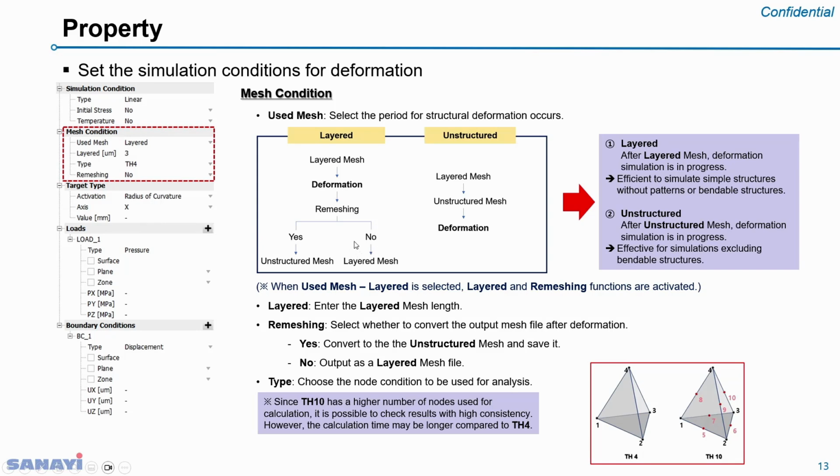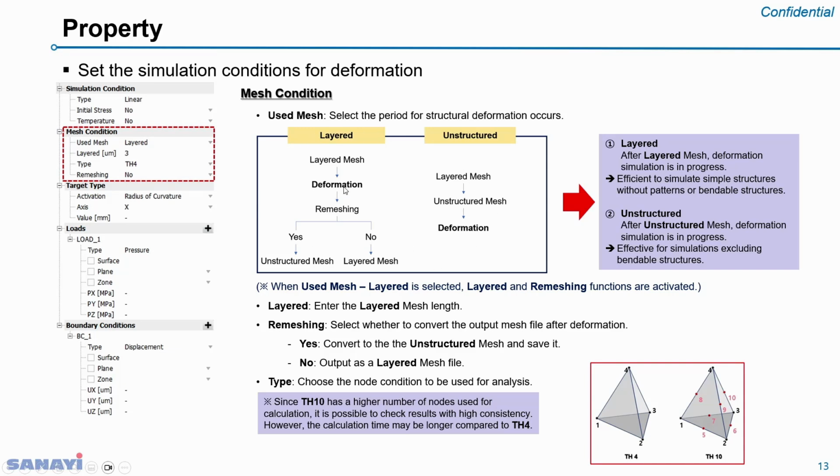And in case of no, a layered mesh file is output as it is without regenerating the mesh. And if you select unstructured, it means that deformation is performed as an unstructured mesh.